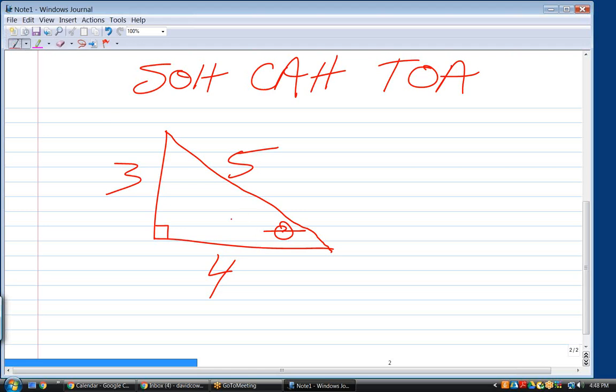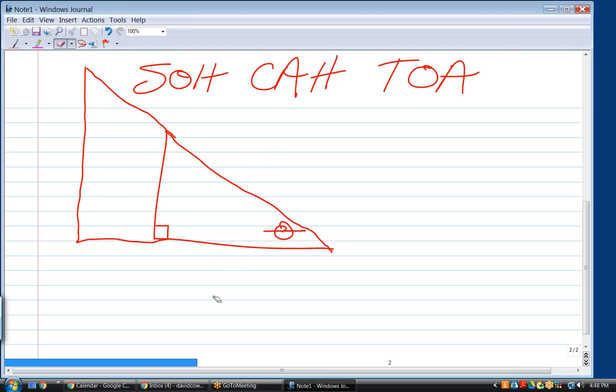Notice something here. This triangle. The sine of theta is always the same, even if I draw the triangle out to there. That's no longer 3, and that's no longer 5, and that's no longer 4, but the ratios are always the same. In other words, maybe that's 6 and maybe that's 10.